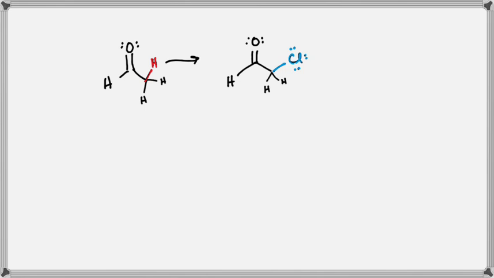Is it regular substitution or is it radical substitution? It's a much harder question. To figure out radical, we said we had to look for an alkane, R, or light.